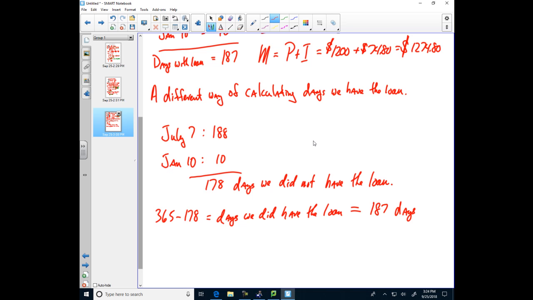By the way, if you look on this page, which is my page 275, I think it's yours too, these problems here are really no different than the word problems on the next couple of pages. It's just on this page they pick the numbers out for you. Okay, so it's the same type of problem.